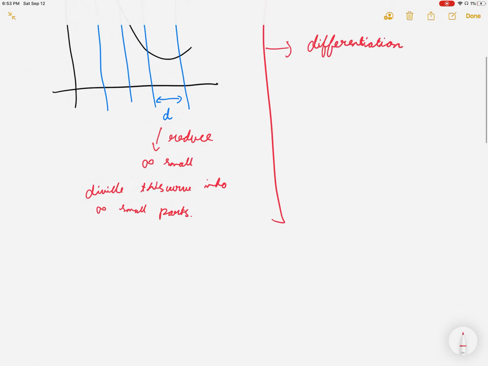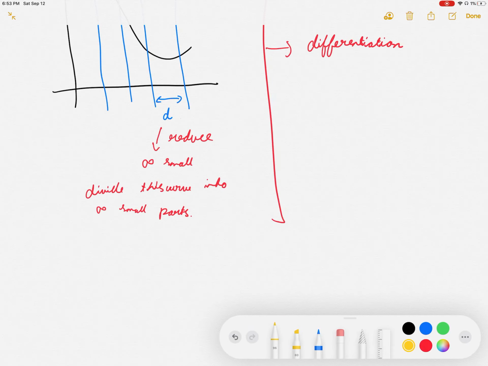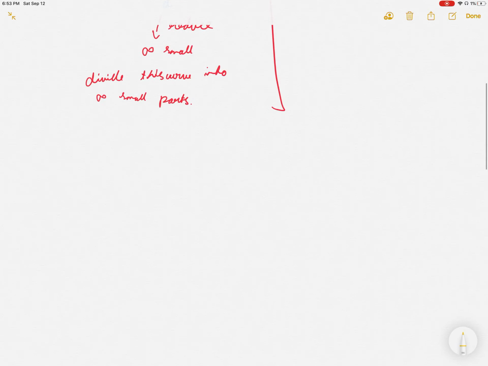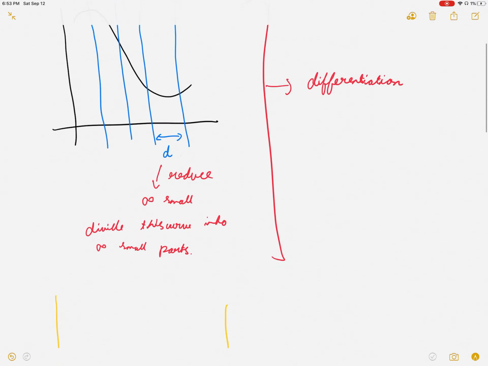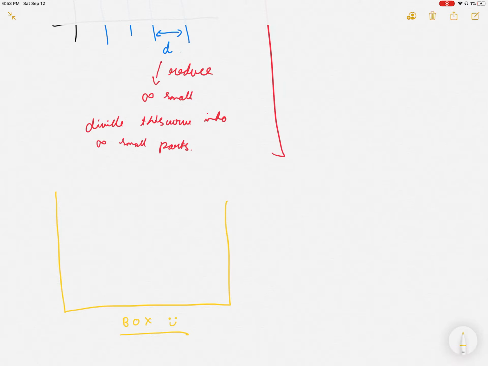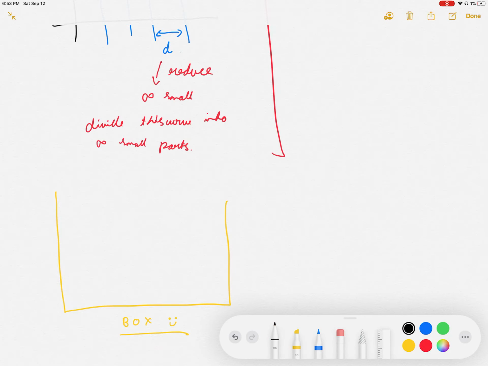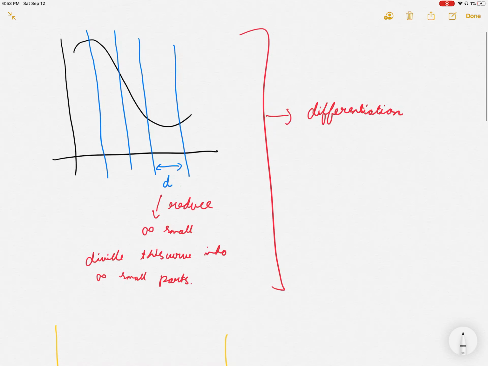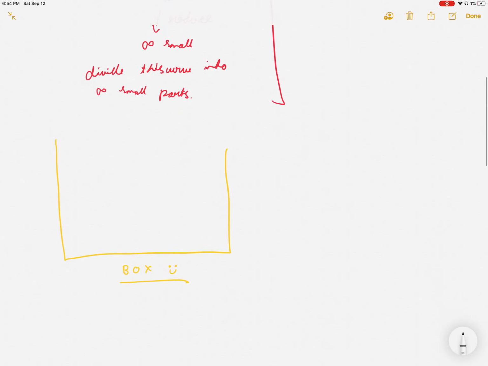Now, let me make a box over here. Mind you, we don't do this in maths, but I'm going to do it. I am sorry for that. So we are taking a box over here. Now what I'll do is fill this box with the infinite parts we had obtained by differentiation.